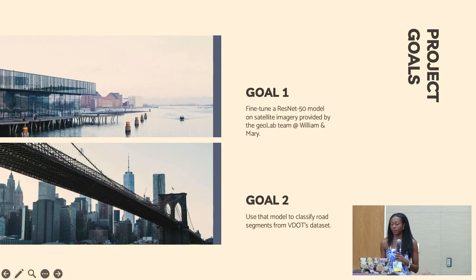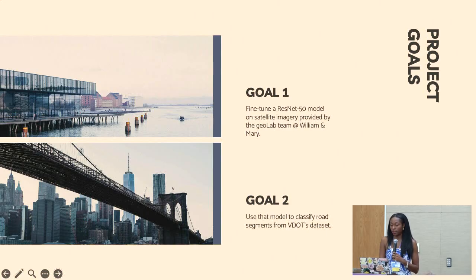So like I said before, this pre-trained ResNet 50 model was the backbone for this project. And ResNet 50 is a convolutional neural network, or CNN for short, with 50 layers. And CNNs are really great for visual tasks like image classification or image segmentation. And I used the PyTorch implementation of ResNet 50. And ImageNet is a large, publicly available image data set that's widely used to train and evaluate computer vision models.